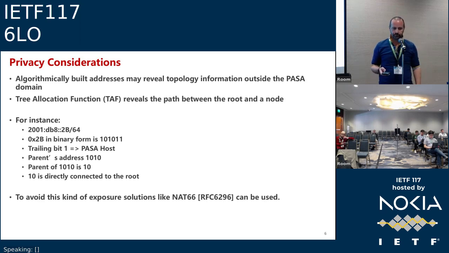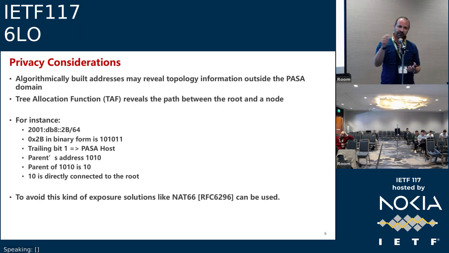If you have an address that terminates with 2B, okay? So the first part obviously is the prefix. We don't care about it, but 2B is the binary for 101011, okay? Now, with the tree allocation function, the trailing 1 bit indicates this is a host, and then it means that the parent address is 1010, okay? And the trailing 0 indicates that it is a router, so a node in the middle.